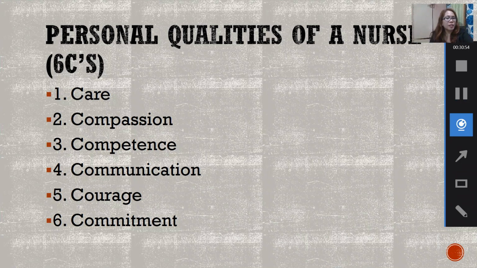So the third C is competence, okay? So competence, so may competency kayo, 'di ba? Meron kayong sa nursing, inaaral talaga natin yung competency. So or tinitrain talaga kayo para ma-develop yung inyong competency. What do you mean by competency?